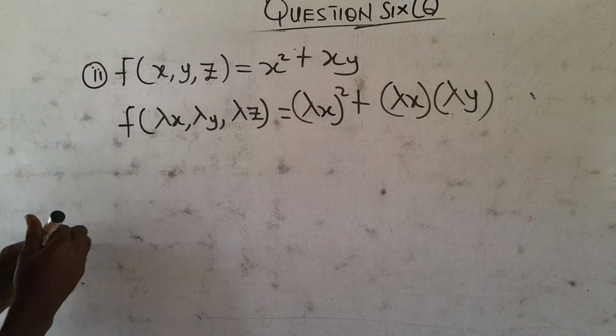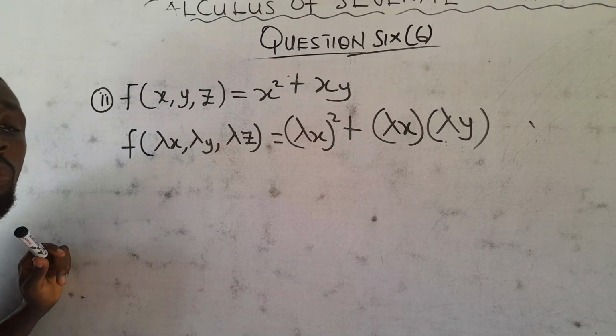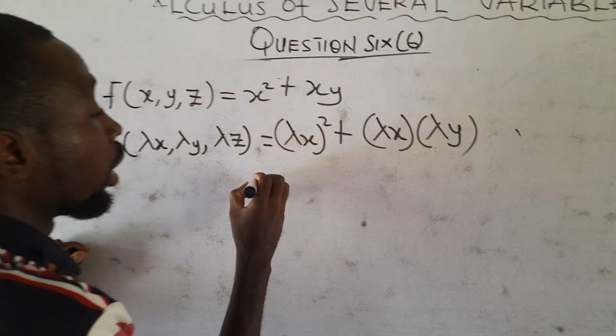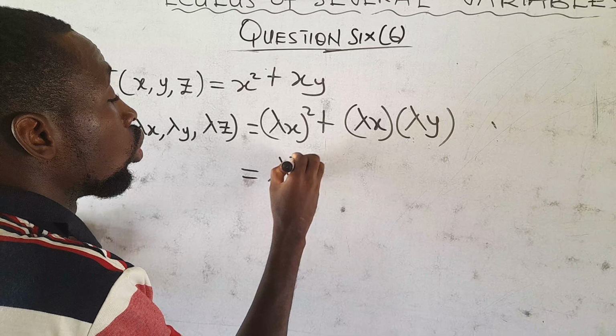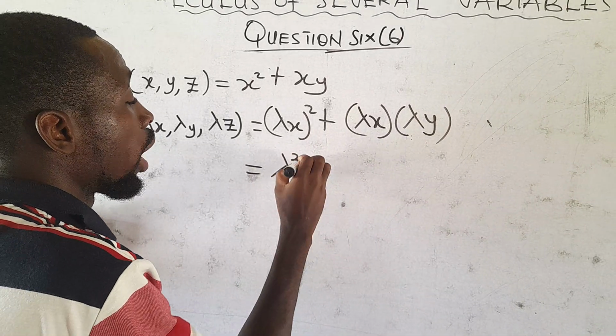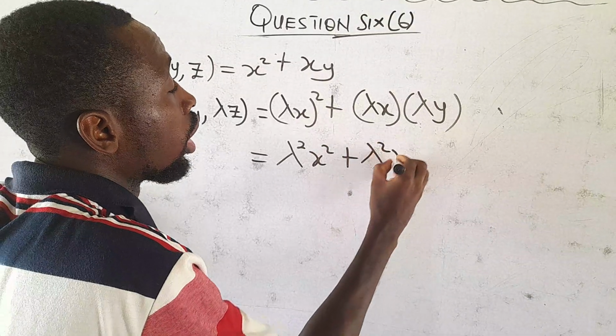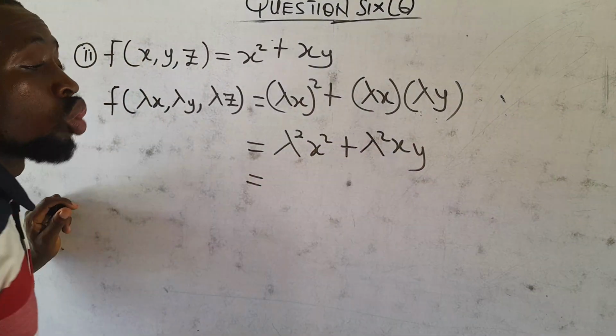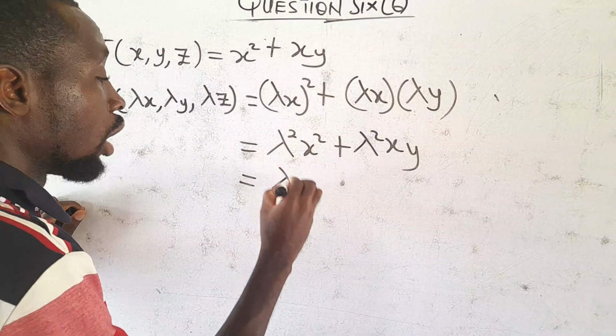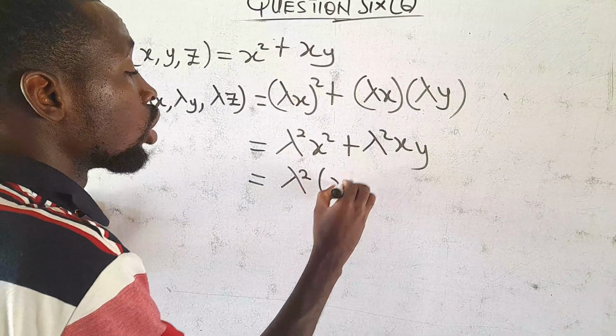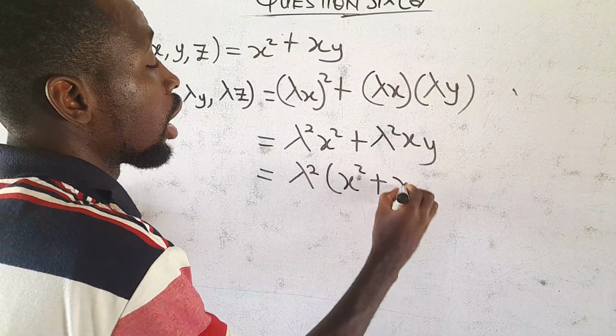Any place we see x, we substitute lambda x, and any place we see y, we substitute lambda y. So this will be equal to lambda square x square plus lambda times lambda, which is lambda square xy. What is common here? Lambda square is common. We factor it out and we have x squared plus xy.